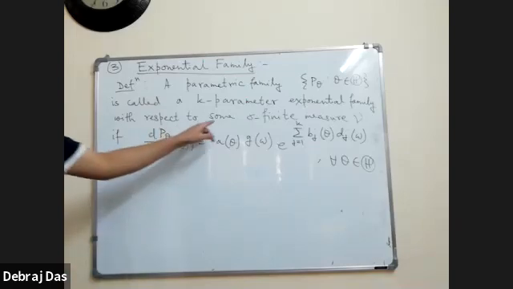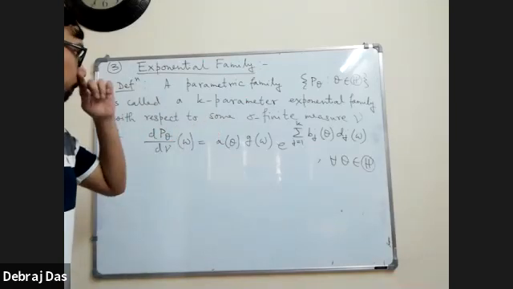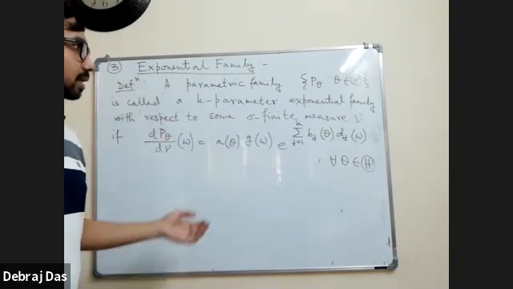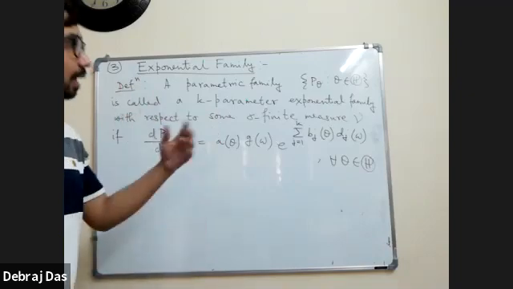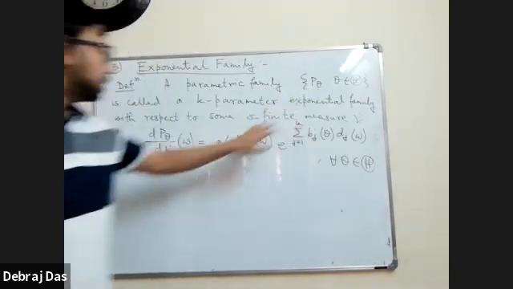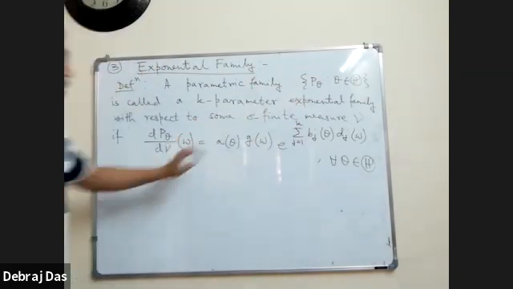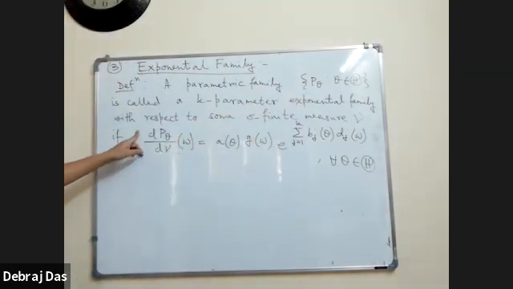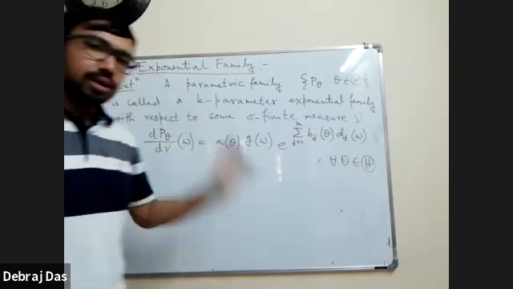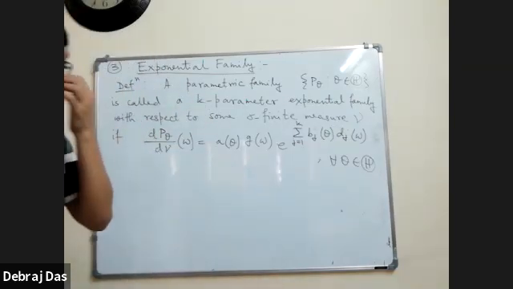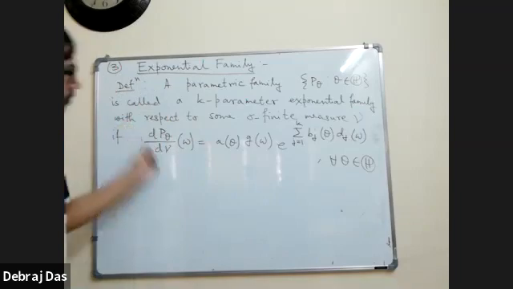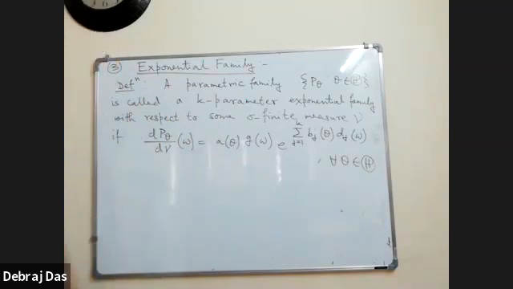Whenever you want to do inference based on a sample from this family, then you will look into the density with respect to nu of P theta composed with X inverse, right? That is what you generally look into because you are interested in P theta as well as the sample.